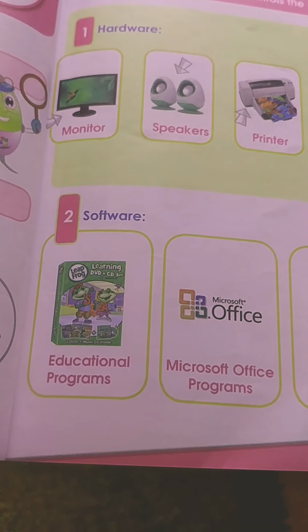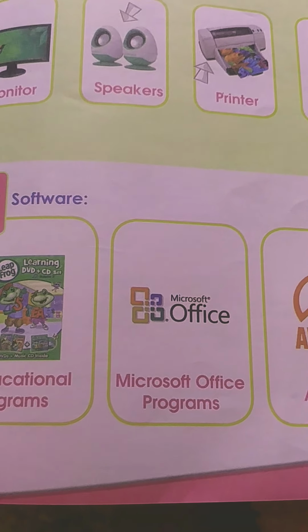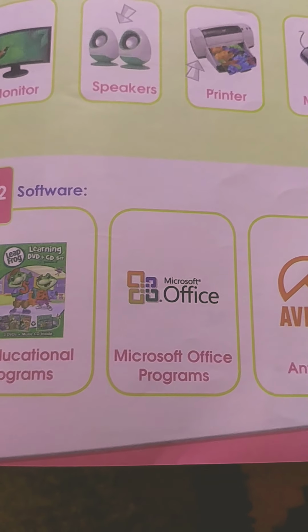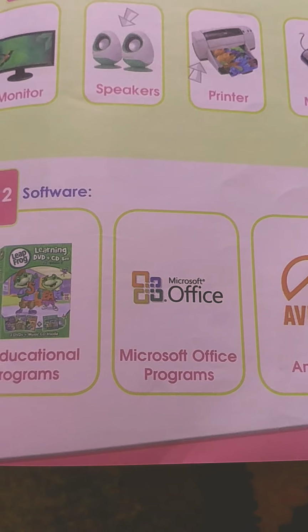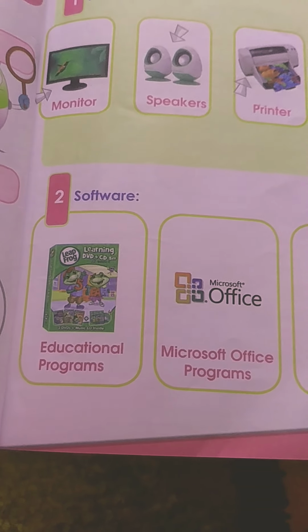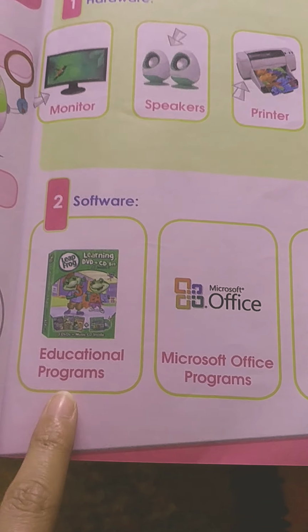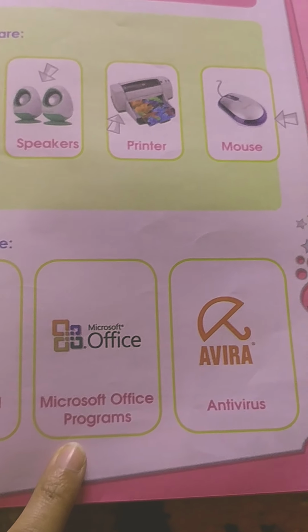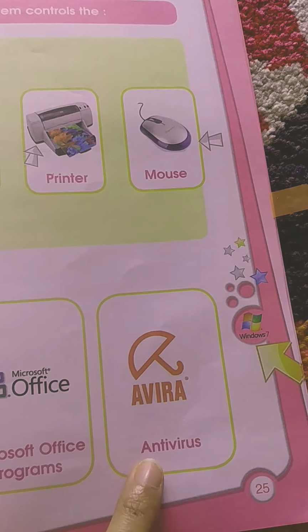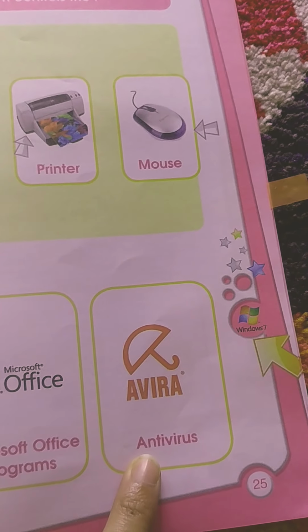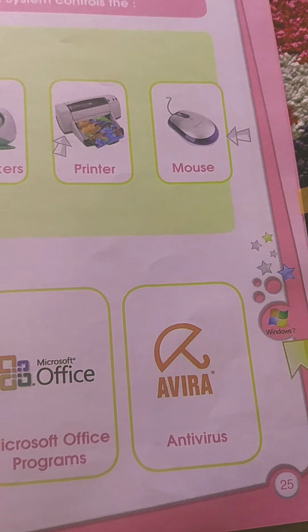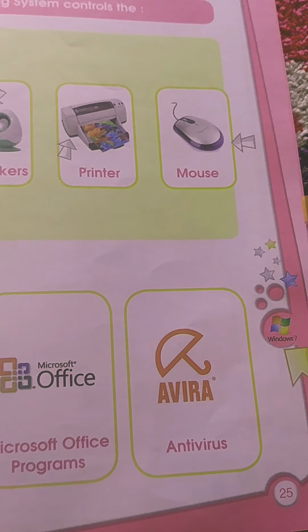You will find windows, you will find icons. They are programs inside the computer. You use them, but you cannot touch them. Like the educational programs, the Microsoft Office programs. This is Avira antivirus, and for sure, there are many more.